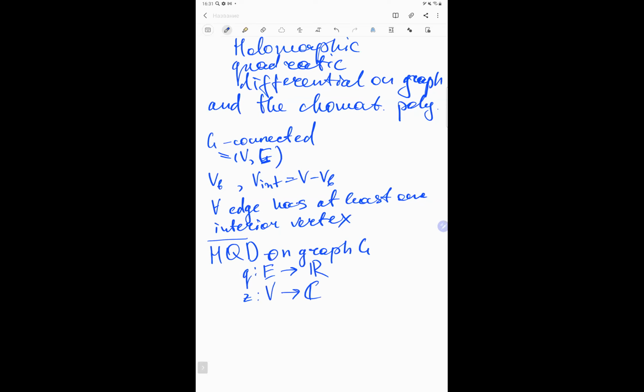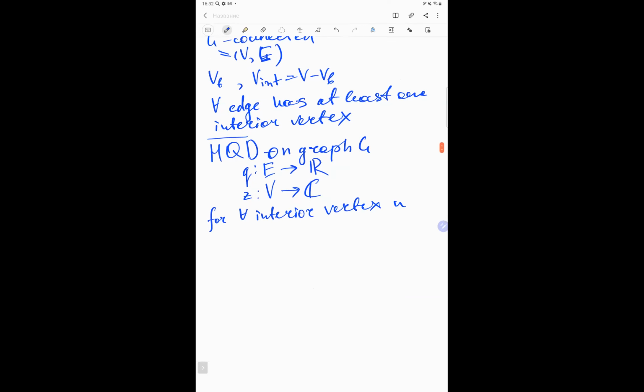And we want Q to satisfy two conditions. For every interior vertex u, the sum of Q over edges adjacent to u is equal to 0.